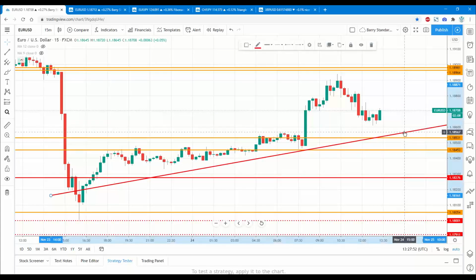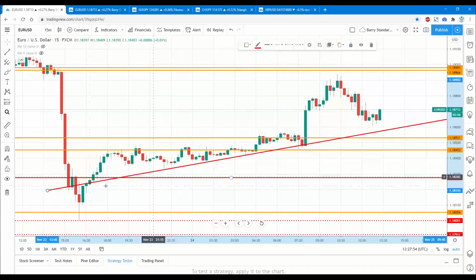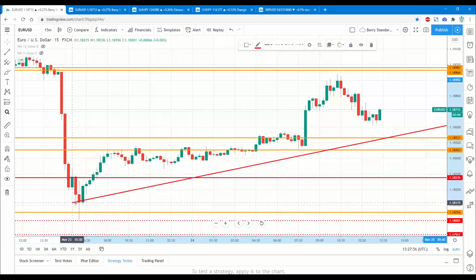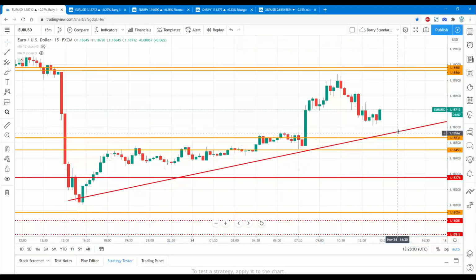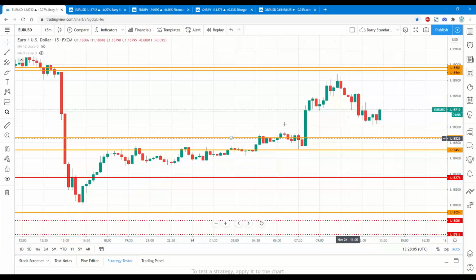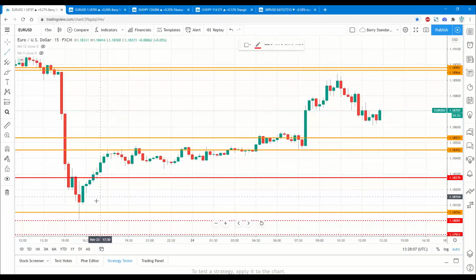But we might actually be able to get something. Let's get rid of this one altogether and let's put a new trend line on here.